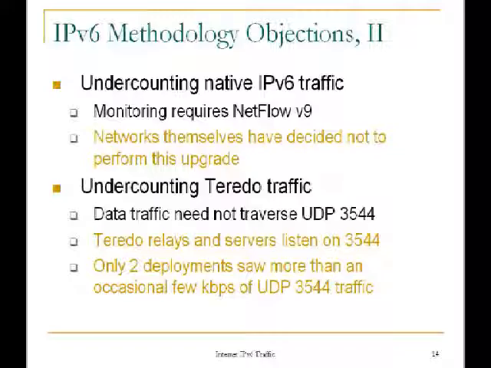So there wasn't a lot of relay and server traffic. If we're undercounting it, we're probably not undercounting it by much. And as you may recall, Teredo was just a very thin line up there. So even if you multiply it by a factor of 10, it's not going to change the fact that 0.003% of traffic is IPv6 in our data set.